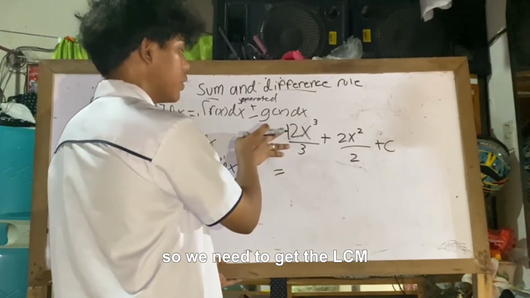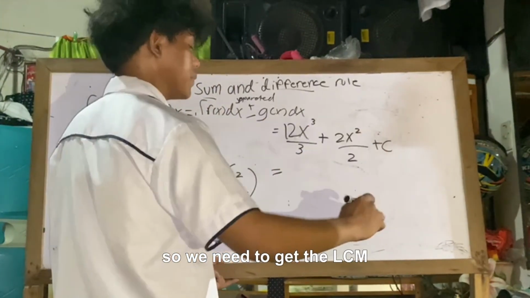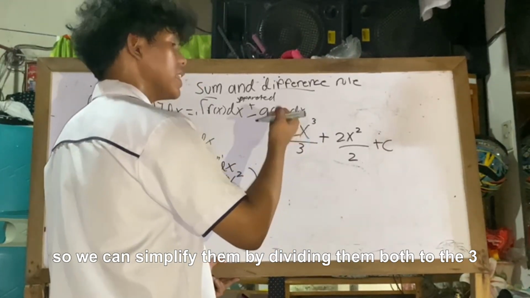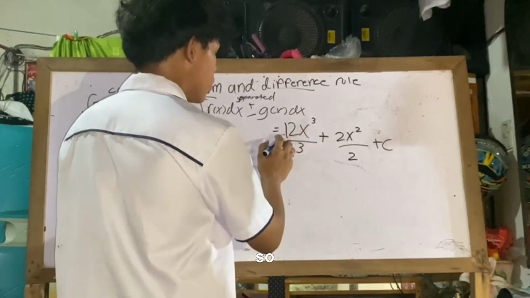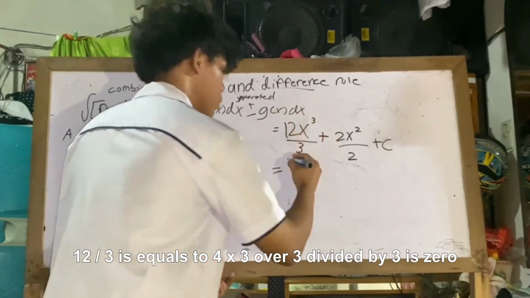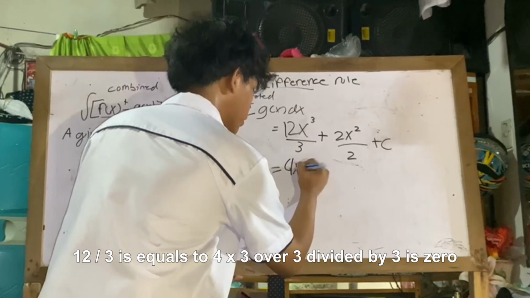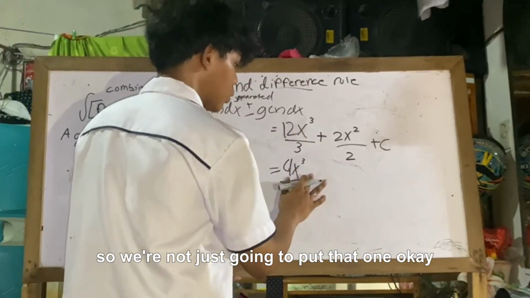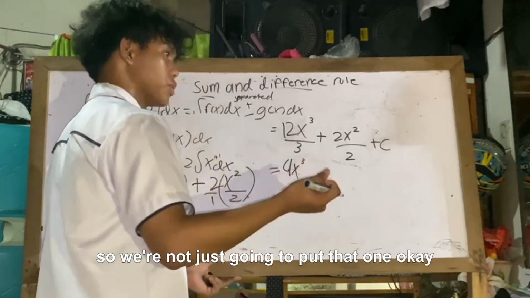So we need to get their LCM. So we can simplify them by dividing them both by 3. So 12 divided by 3 is equal to 4x, and 3 over 3 divided by 3 is 1. So we're not just going to put that 1.